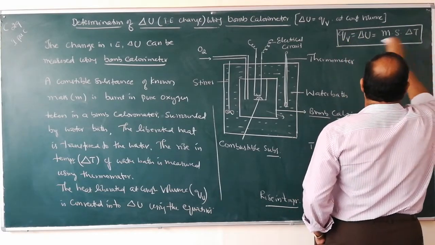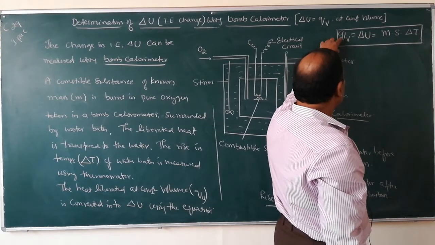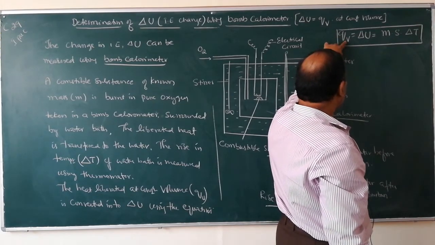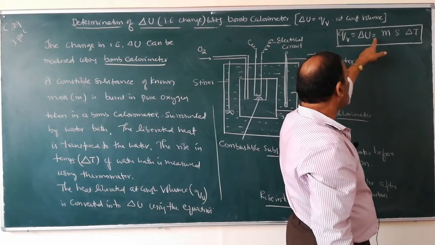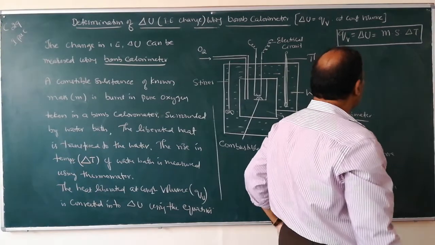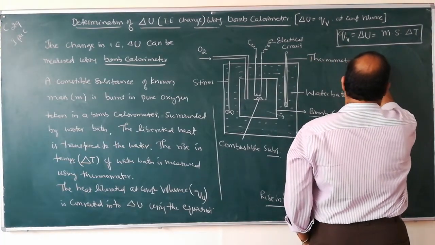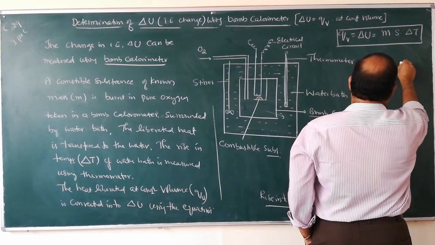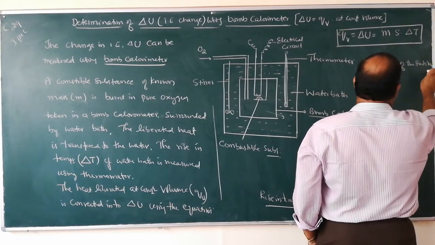QV is equal to delta U, that is the amount of heat liberated at constant volume is nothing but the change in internal energy, that is equal to M into S into delta T. So what is M here? Here M equals mass of the substance.